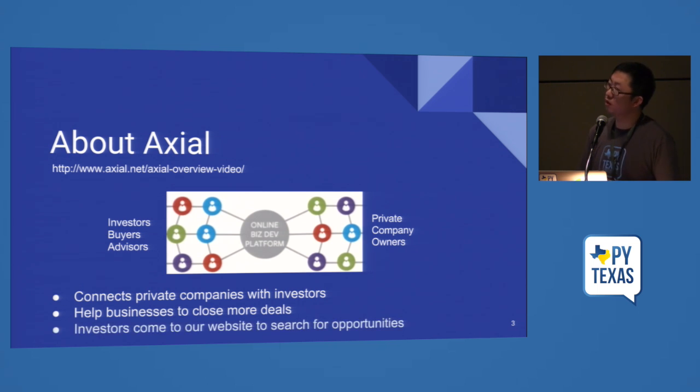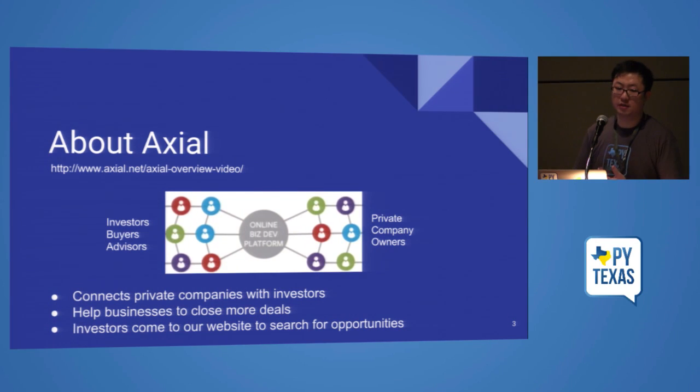A typical use of our network would be an investor comes to our website and puts down search criteria, their target range of the industry, the revenue range or location information, and they will get a list of companies that are either for sale or for financing opportunities. They can start from there and connect with the business owners and potentially close a deal.